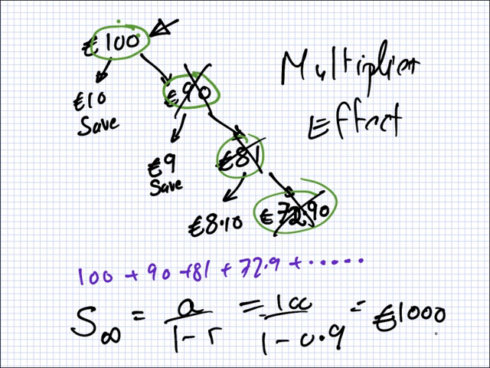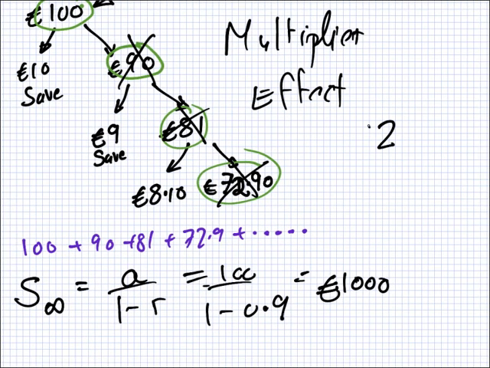Not €100, but €1,000. Which is quite interesting, no? Even when you make a small purchase, like when you spend €2 on coffee, that in total has the effect of €20 being spent. Because your money gets respent by the coffee shop and the barista, and that gets respent and that gets respent. So that's quite interesting, I think.